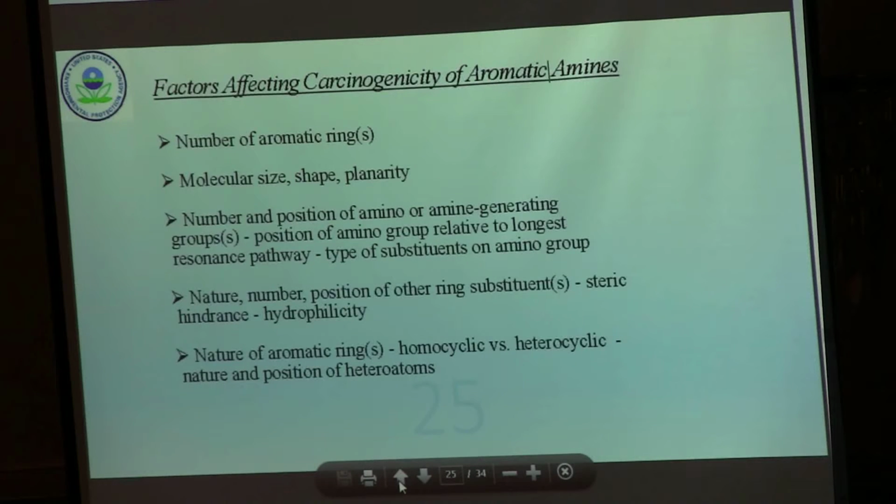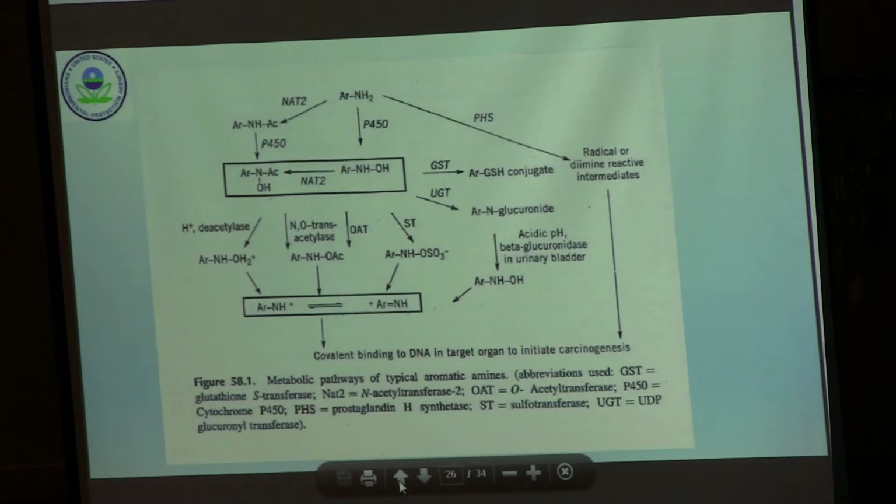Analyzing all this data, we found several factors that can affect carcinogenicity, like the number of aromatic rings, the molecular size and shape, the number and position of the amino group, and so on.